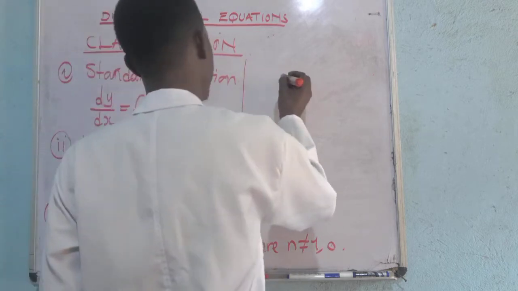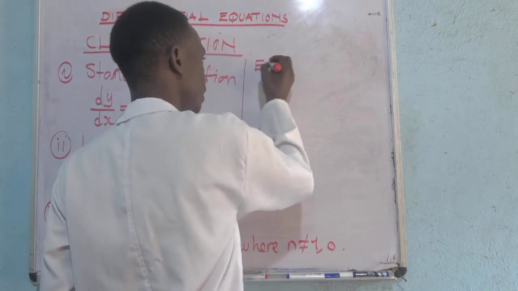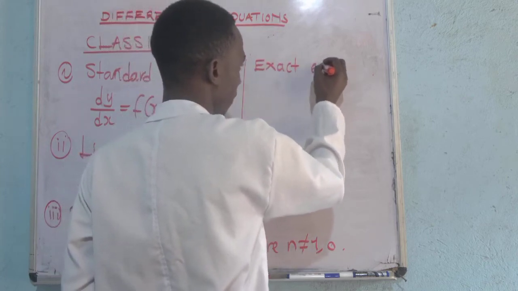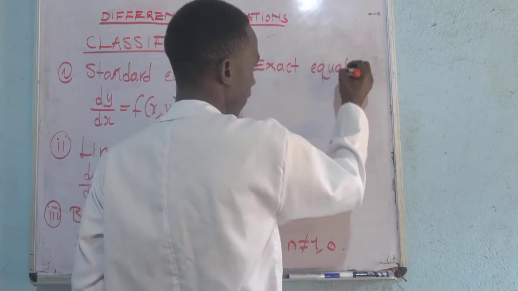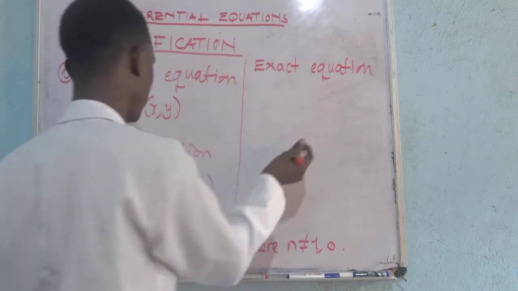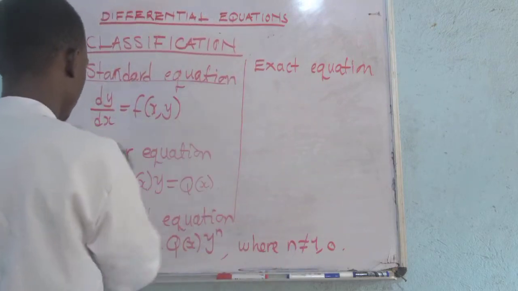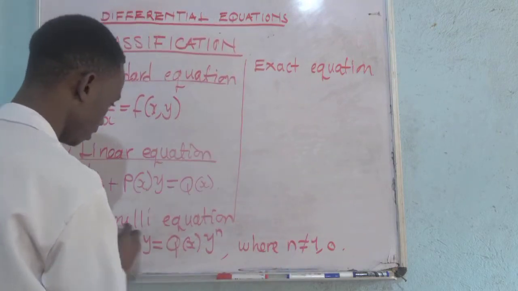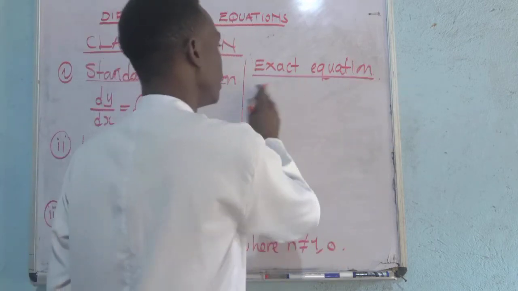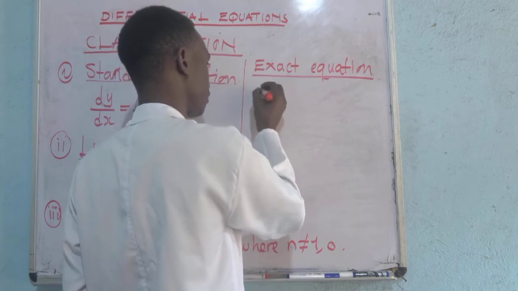Okay, so here we have 3, and we have the other one that we call the exact equation. I'm just going to underline this. The exact equation is such that it is an equation, let's say, like this.